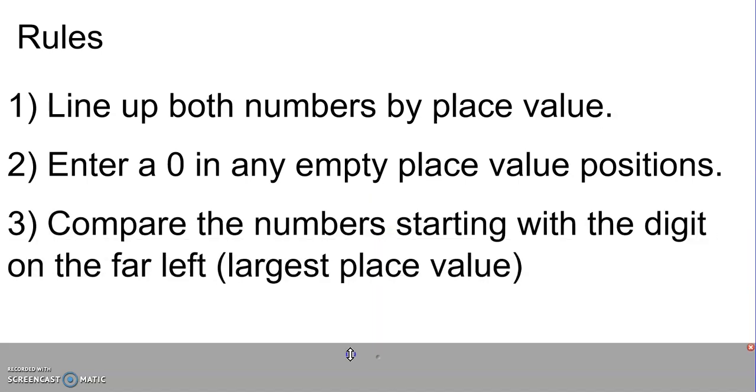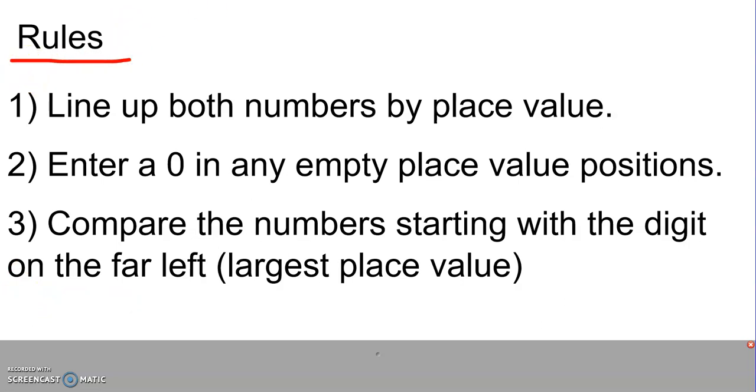And when we're comparing, we're going to compare the numbers starting with the digit on the far left, the left of the decimal. That's our largest place value within the number that we are looking at. So before we get started with some examples, I want you to write these rules down in your notebook. And don't forget to title it Rules.